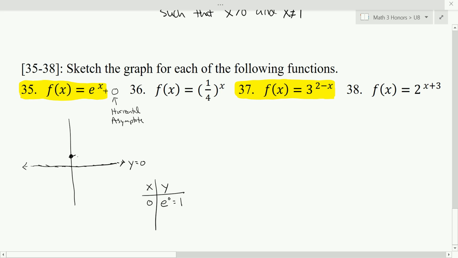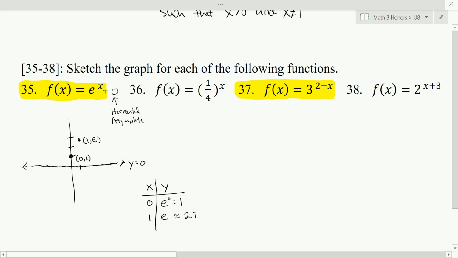If I plug in a 1, I get e, and e is about 2.7. Good. Okay. So between 2 and 3, about right here, at 1, comma e.